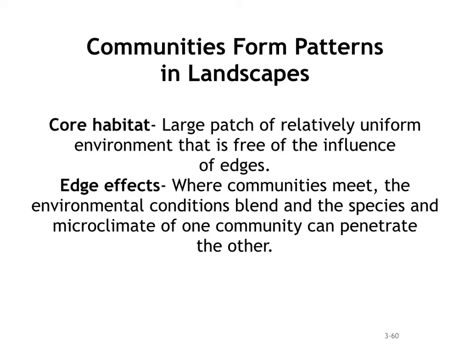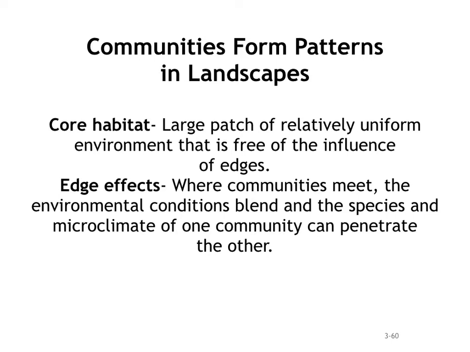The northern spotted owl, for example, nests in the interior of large patches of mature coniferous forests in the Pacific Northwest. In smaller patches, the owl fares poorly, possibly due to competition with closely related barred owl. A single pair of northern spotted owls may require over 1,000 hectares of core habitat to survive.